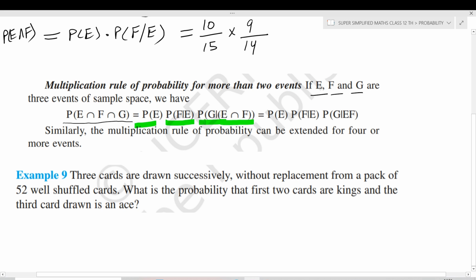That is denoted by P of G slash E intersection F. So P(E) denotes probability of E. P(F/E) denotes probability of F, knowing that E has already occurred. And P(G/EF) means probability of G, knowing that E and F have already occurred. Similarly, this multiplication theorem of probability can be extended for 4 or more than 4 events also.